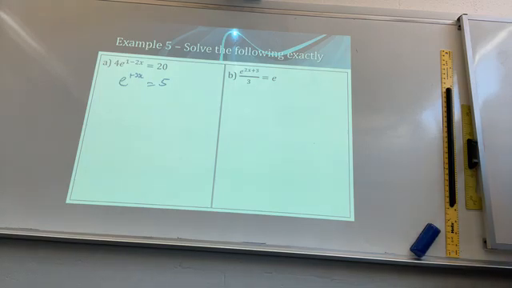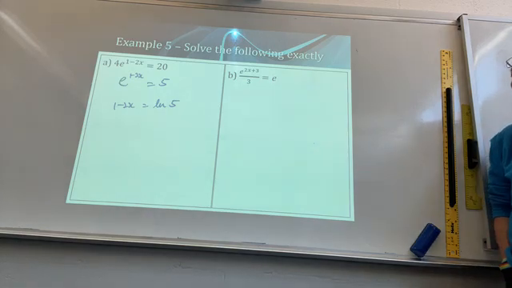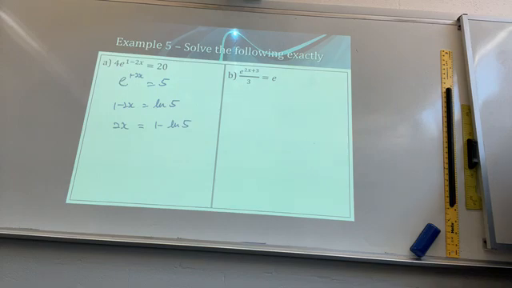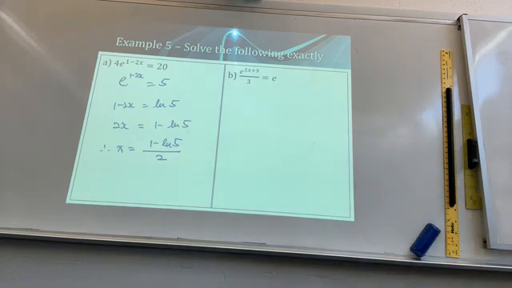And then from there, you take natural log. 1 minus 2x equals natural log 5. So therefore 2x equals 1 minus ln 5, and x equals 1 minus ln 5, over 2. That's it. Now, the important thing is realizing you can manipulate the coefficient. You can manipulate your e or your log.